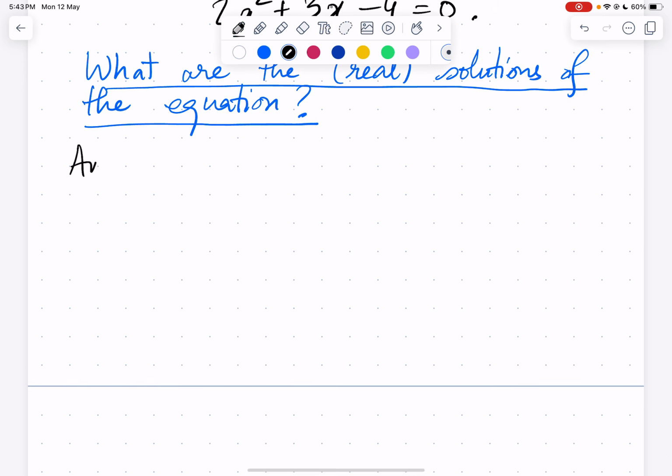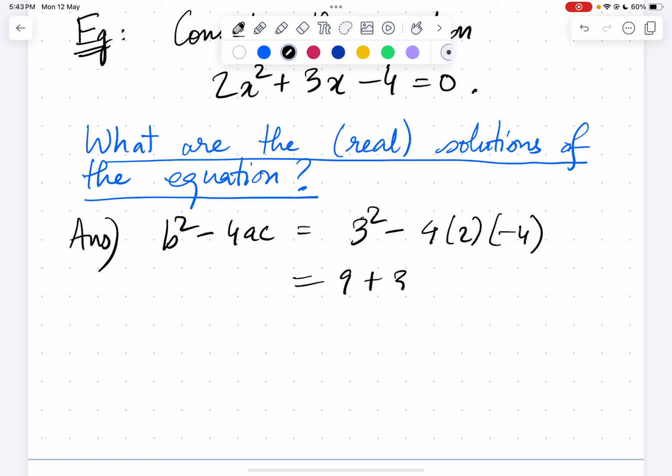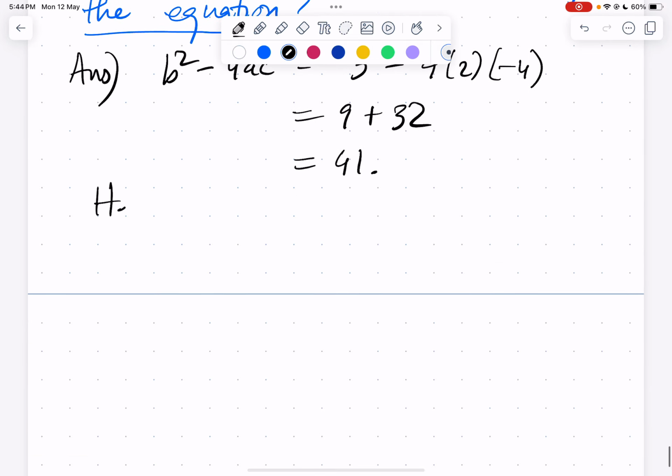So we can look at this b square minus 4ac term. So b square minus 4ac is 3 square minus 4 times 2 times minus 4. This is 9 plus 32. This is 41. This is positive.